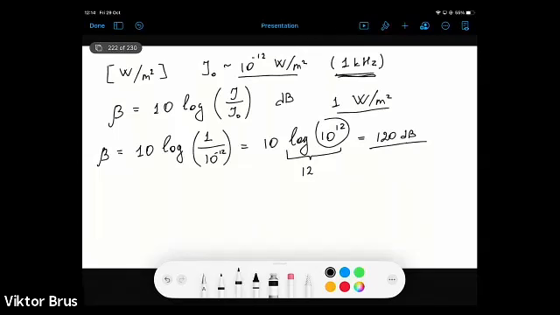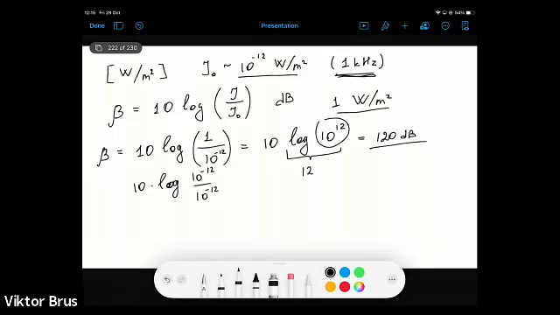So 120 decibels is already a painful feeling. It's a very loud sound. And if, for instance, we consider this threshold of hearing, we will put 10 times logarithm of 10 to minus 12 divided by 10 to minus 12.